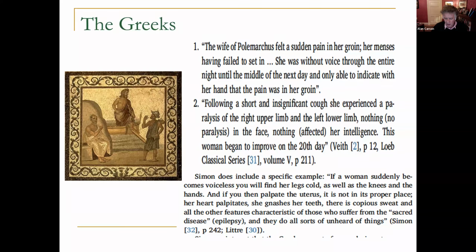There was one other mention that the historian Simon found, and that is if a woman suddenly becomes voiceless, she will find her legs cold as well as the knees and the hands. And if you then palpate the uterus, it's not in its proper place. Her heart palpates, she gnashes her teeth, there is copious sweat, and all the other features characteristic of those who suffer from the sacred disease, epilepsy. And they do all sorts of unheard things.